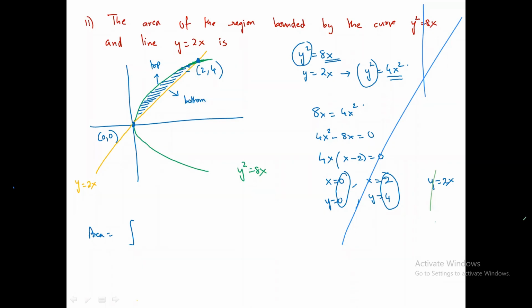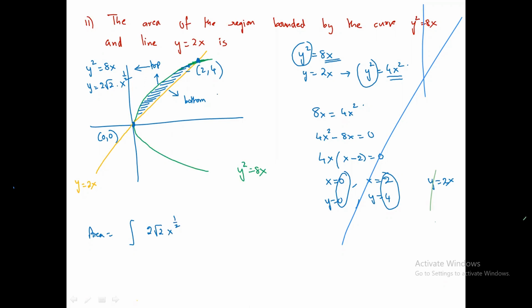What is the top one? The top curve is the parabola y square equal to 8x, or y will be 2 root 2 into root x, or x power 1 by 2. That is the top curve. So top is 2 root 2 x power half.